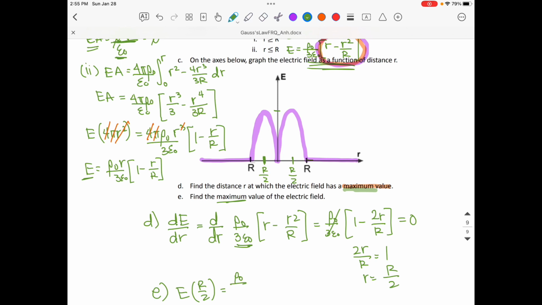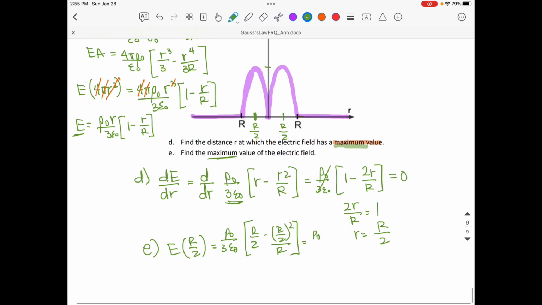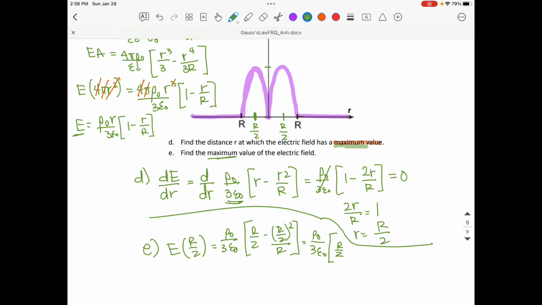Rho naught over 3 epsilon naught times R over 2 minus R over 2 quantity squared over R is equal to rho naught over 3 epsilon naught times R over 2, let me just kind of separate this, minus R squared over 4 over R. And then notice how this reduces.